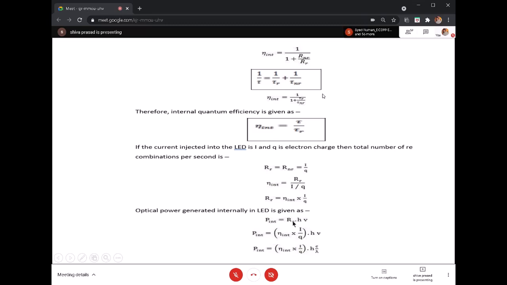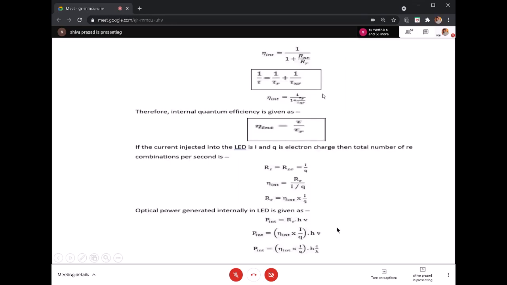So the power generated internally due to the recombination, where the energy is h nu, and RR is equal to eta internal into I by Q, gives eta internal into I by Q into h nu. Since nu is equal to c by lambda, substituting, P internal will be eta internal into hcI by Q lambda.